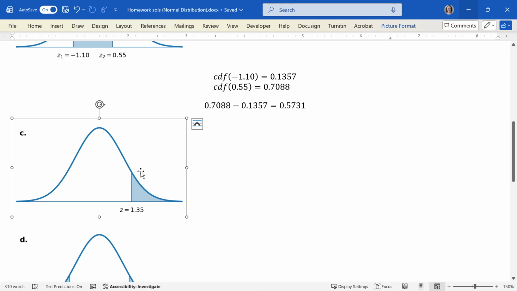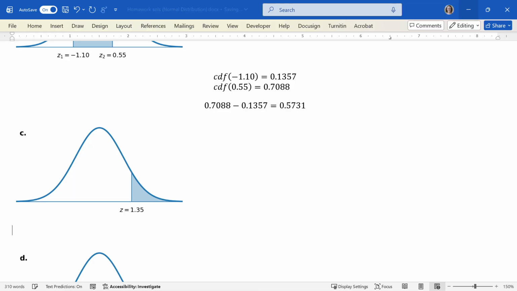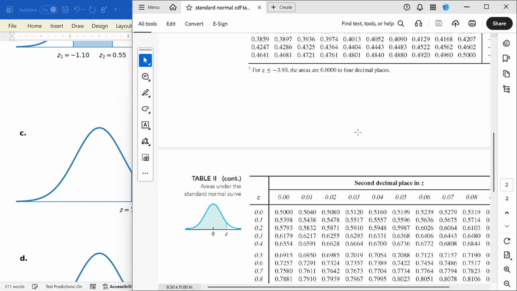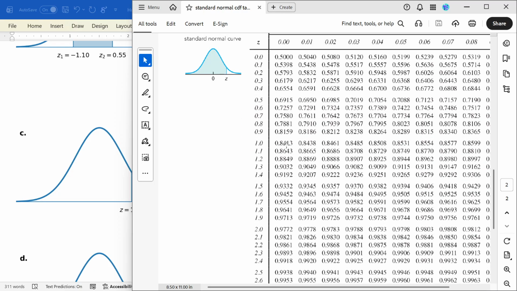So to get the opposite area, I'm going to do 1 minus this white area that I don't want. I'm going to look up the table value for 1.35 for my z-score. I need to go to the positive side. Start at 1.3 and then go to 0.05 for my second decimal place up here. So it's going to be 0.9115.